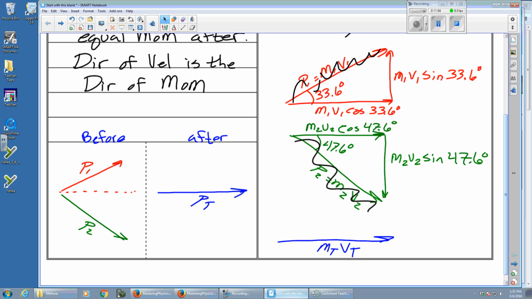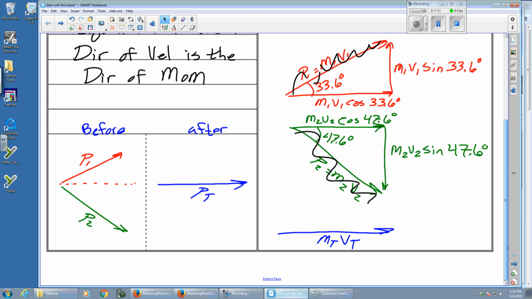And if I add up the verticals, the red plus the green, what do they have to add up to, the vertical part? 0. So they want me to find V total and V1. I think I'm going to start in the y direction because there's one less thing to worry about, right? So I'm going to add the red to the green in the y direction.